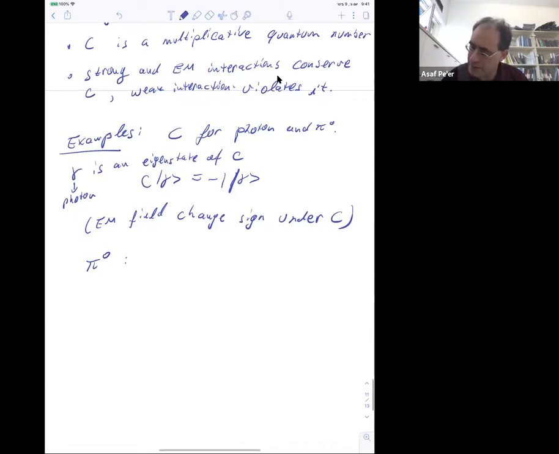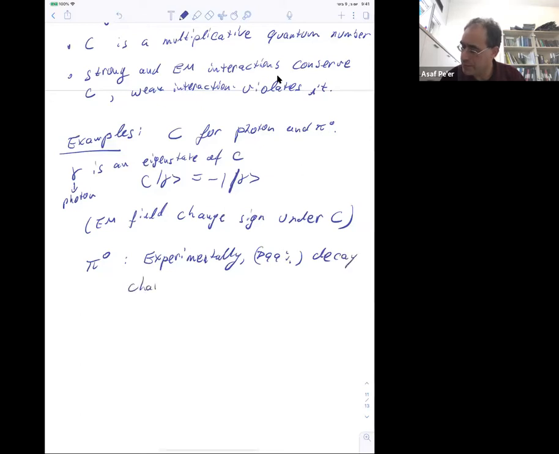But experimentally, in more than 99% of the decays, the pion 0 decays into 2 photons.